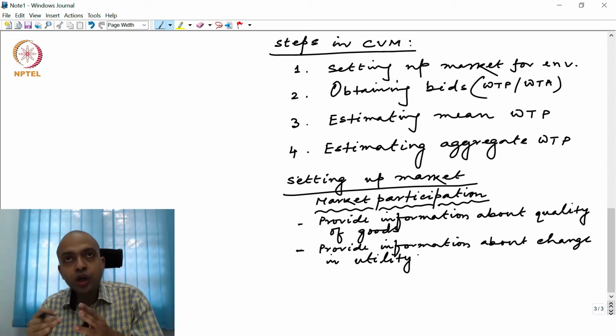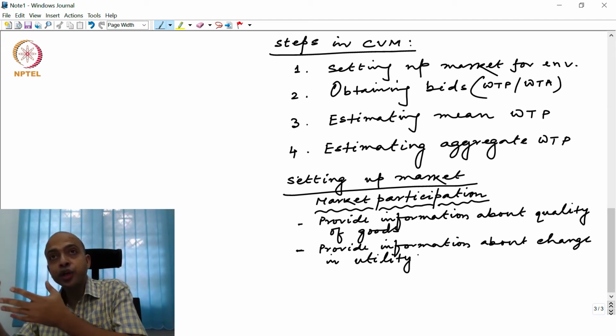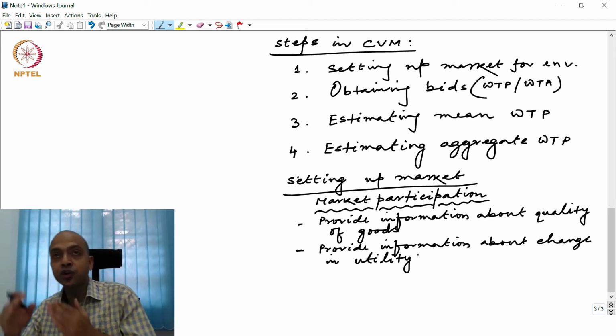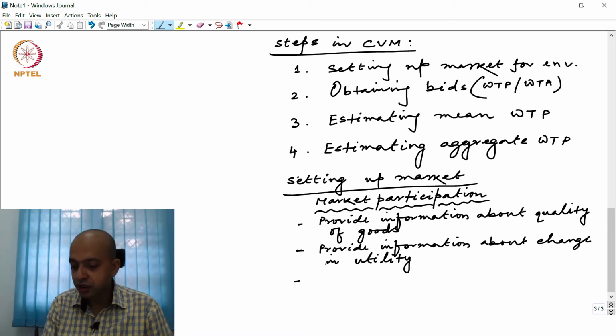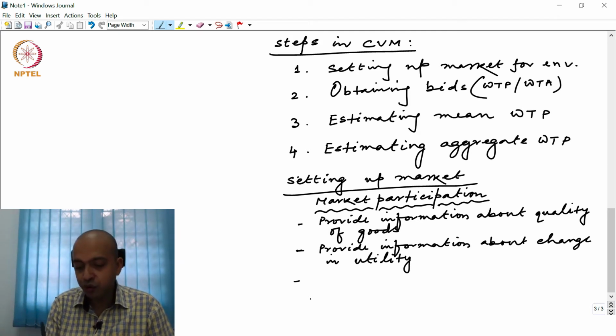How the additional good is going to be utilized, and what your utility change would be, we need to explain to the respondents. That is why we need to provide information about change in utility. Then we have to provide information about the price.